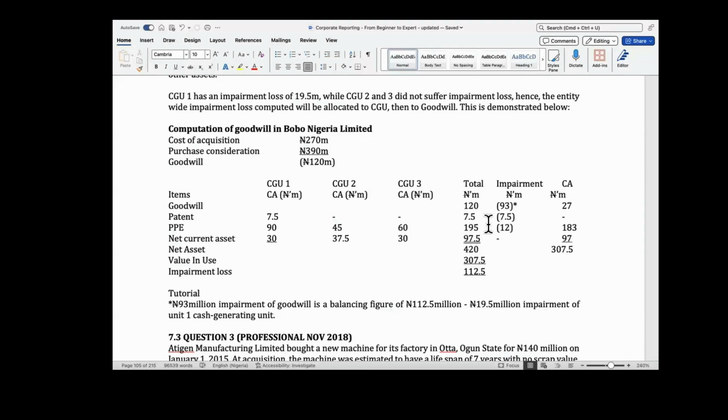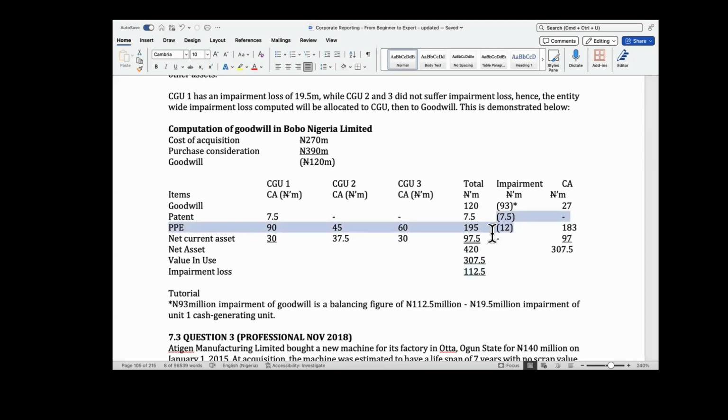The first one would be this patent that we already know has been damaged. It has no ascertainable market value. Then the PP will get 12. That's the 19.5 from CGU 1. Out of this 112.5 impairment loss, we have already distributed 19.5, so 93 will remain.